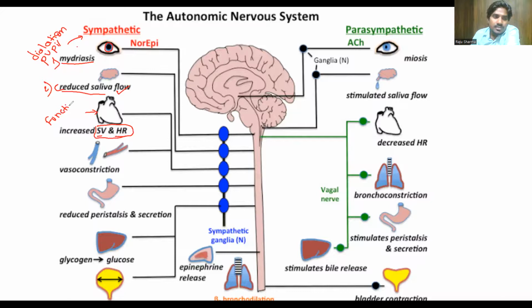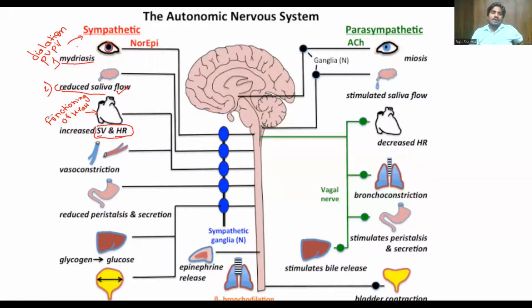So the functioning of the heart increases. Why? Because heart makes sure that our different parts, our skeletal muscle gets sufficient amount of oxygenated blood. Why? Because we all know that our body needs oxygen to produce the energy via aerobic respiration. So for all those things, the heartbeat or the functioning of the heart increased.